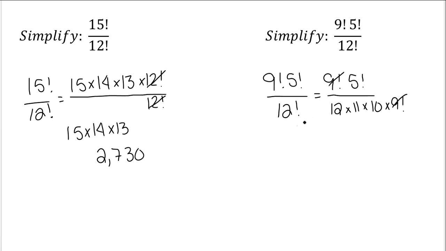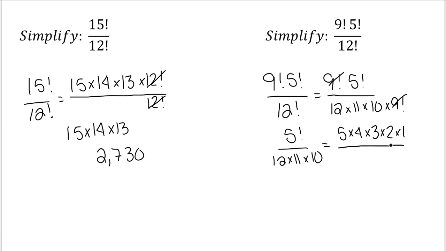Okay. I'll have 5 factorial over 12 times 11 times 10. 5 factorial, remember, is 5 times 4 times 3 times 2 times 1 over 12 times 11 times 10.